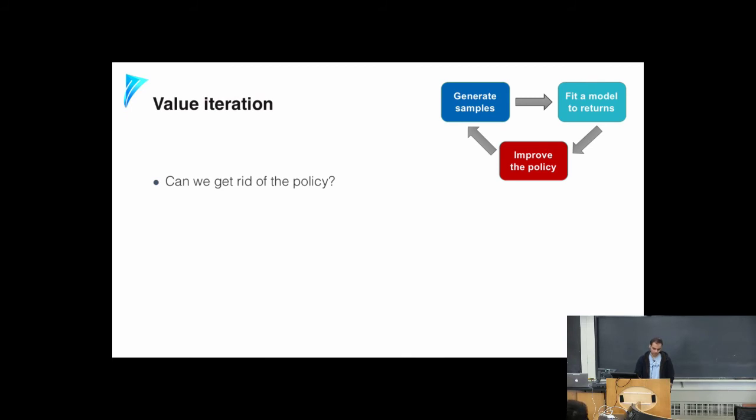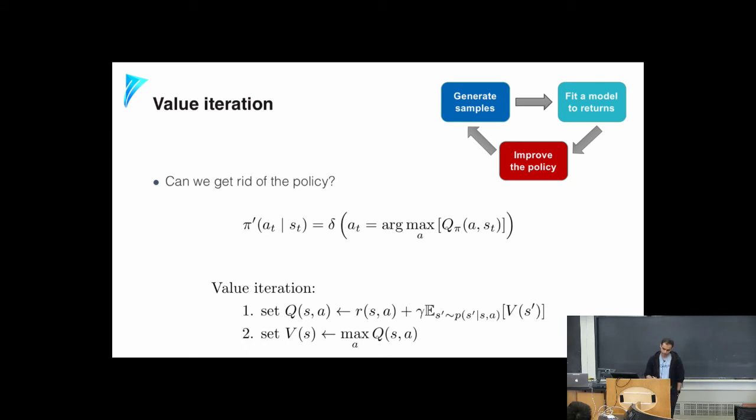The question is, can we still get rid of the policy? And the answer is yes. So instead of doing the argmax within the policy, why don't we just iterate between the Q(s,a) directly and the V(s)? And we know that once we get to the optimal policy and the optimal value functions, this relationship should hold.